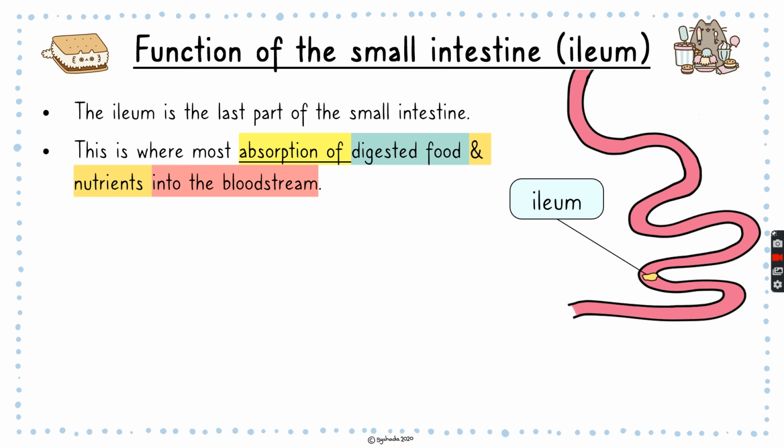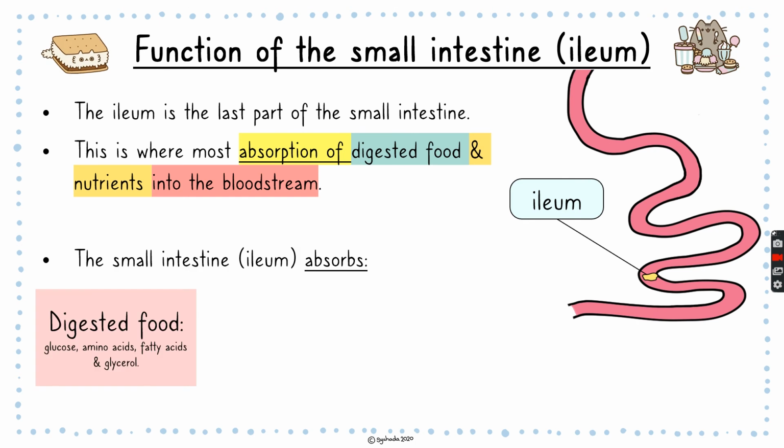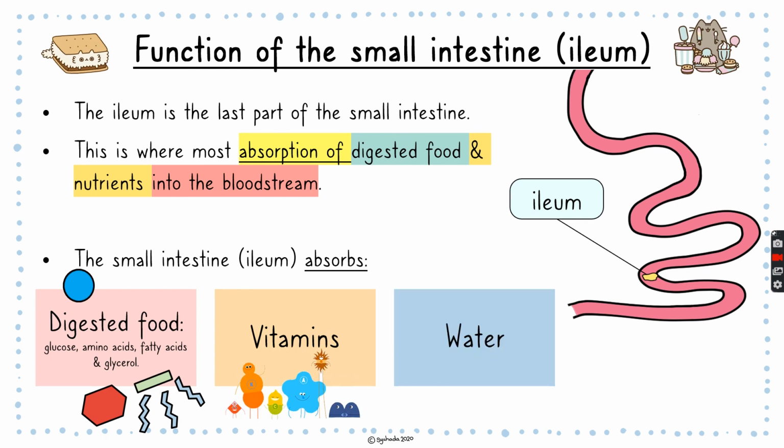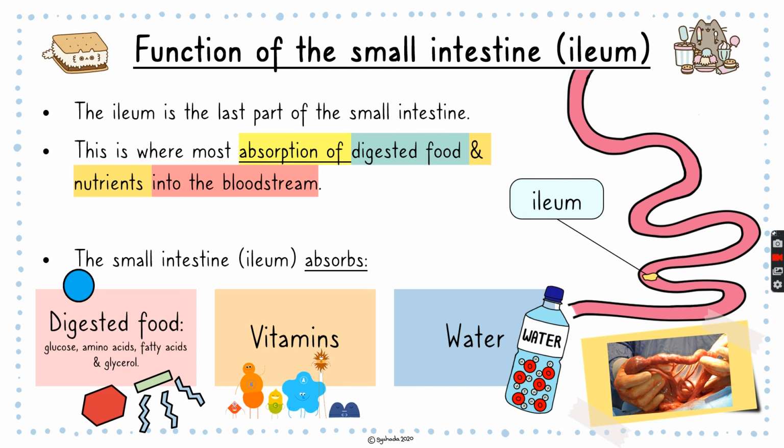Ileum is the last part of the small intestine where most absorption of digested food occurs. And what happens after absorption is that the food goes into the bloodstream. The small intestine, the ileum, absorbs digested food like glucose, amino acids, fatty acids, and glycerol. It absorbs vitamins and water as well.